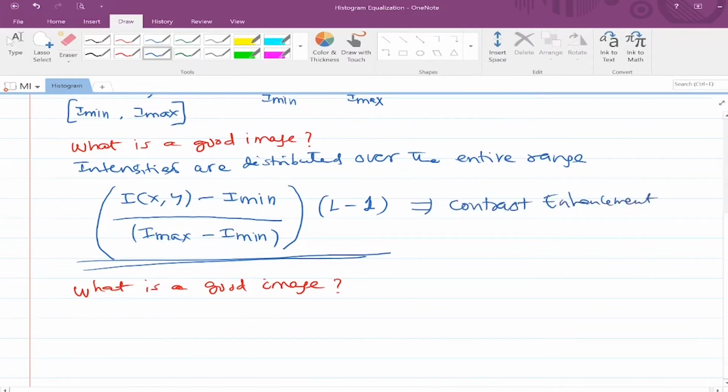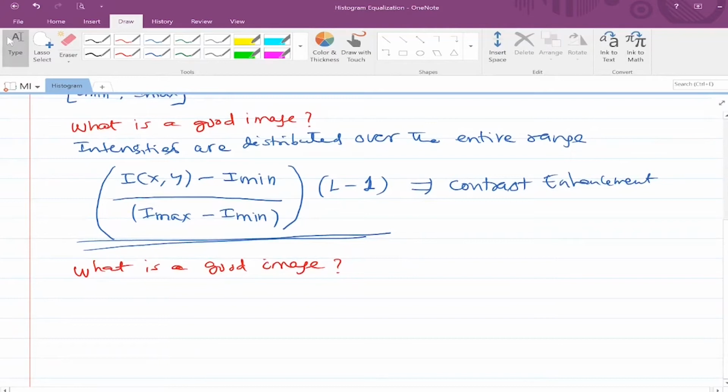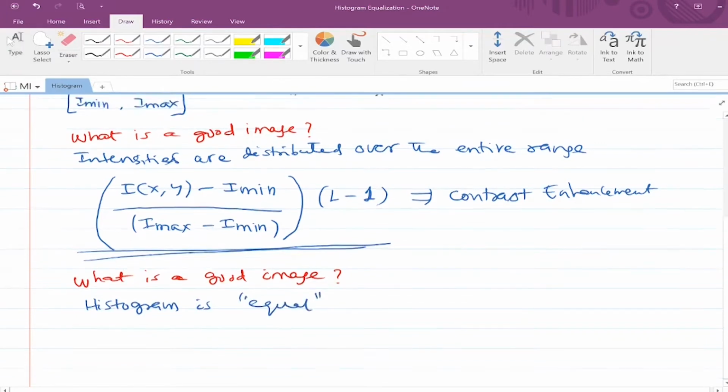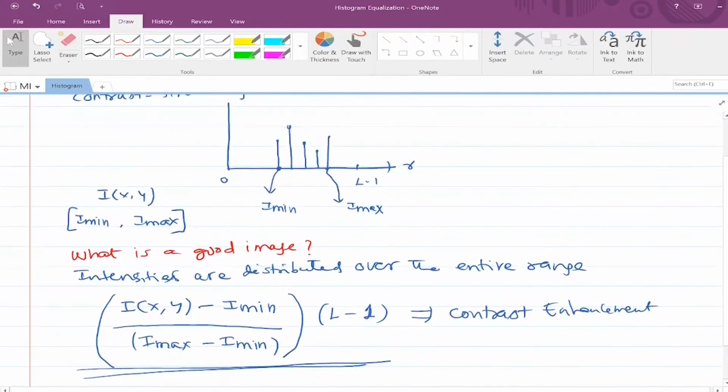Now we are assuming that when we have a good image, the histogram is equal. That's what we roughly mean here when we say it's a good image.